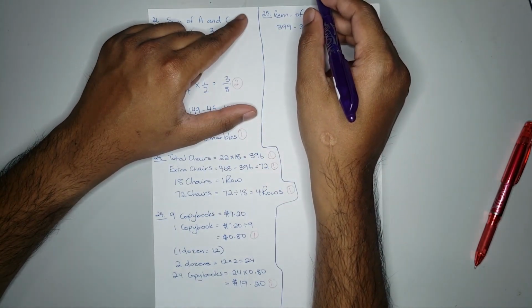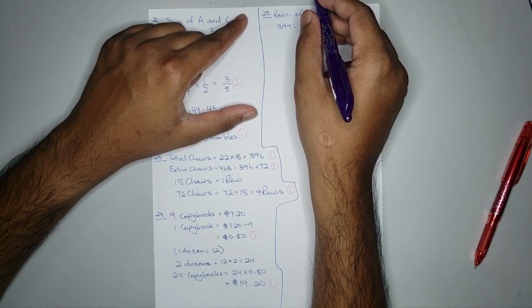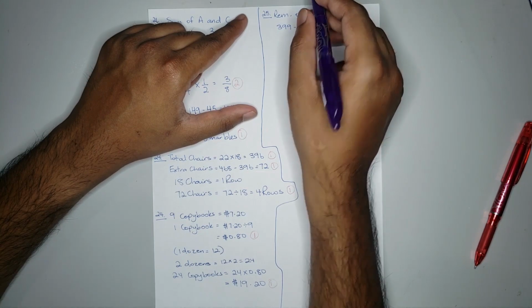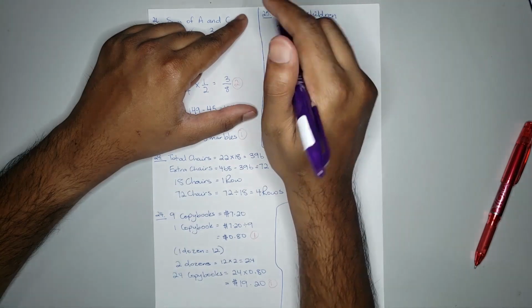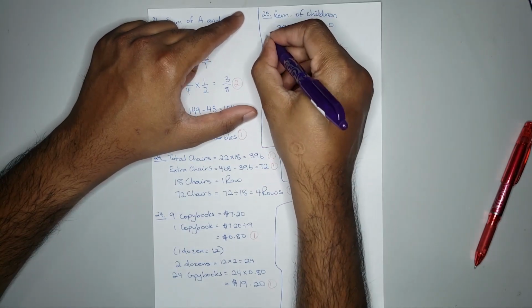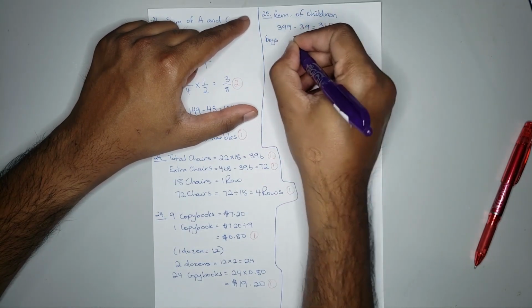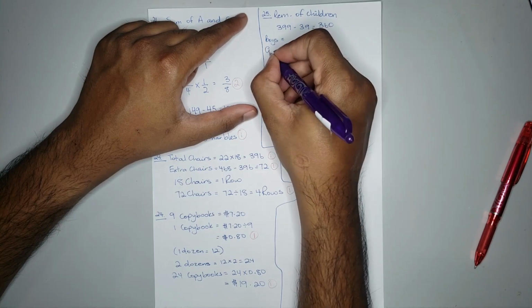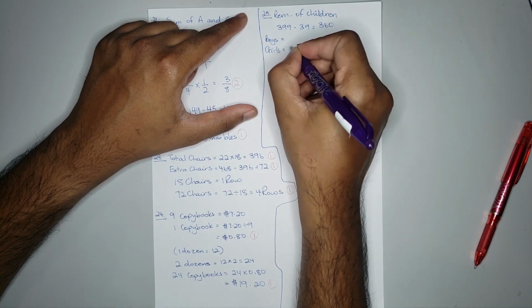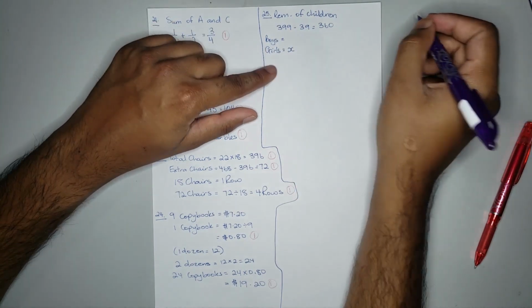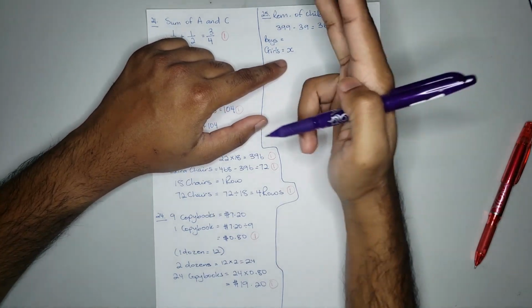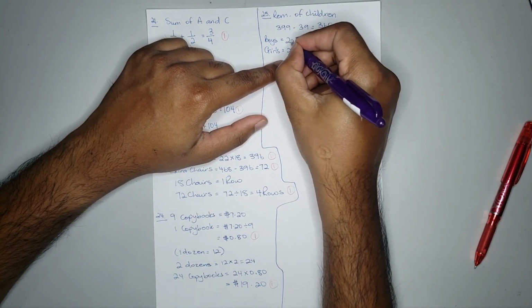So they said that the number of boys was then twice the number of girls. So we have boys and we have girls. Girls is some unknown amount, so we put x, and boys is twice this amount, so that is 2x.